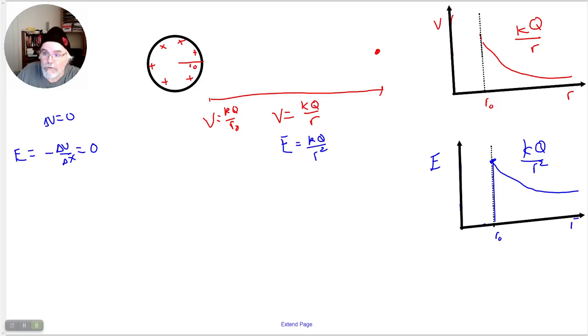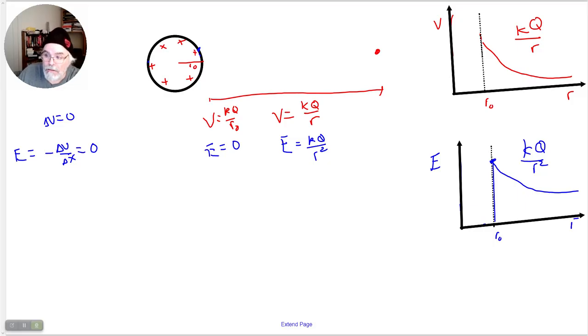It's the electric field that goes to 0 because there's no change, there's no potential gradient. Potential is the same. And inside the sphere, the potential is the same everywhere. Again, right? As I go from this point on the surface to this point on the surface, there's no change in potential. Okay?